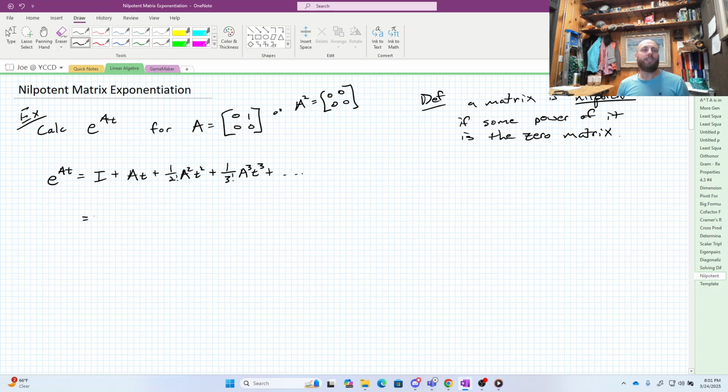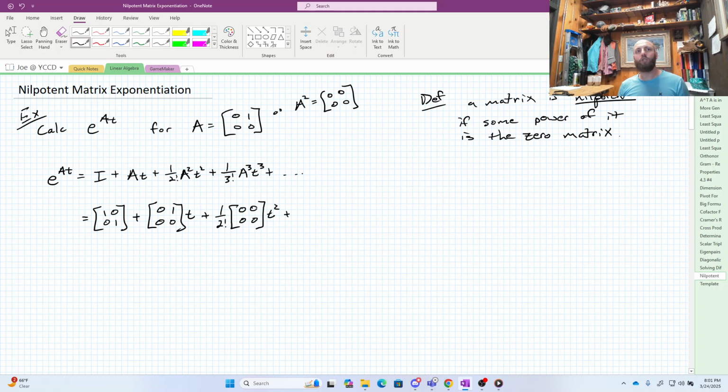In this case, I can write out the identity matrix. That looks like 1, 0, 0, 1, right? Then I can write out my A matrix, 0, 1, 0, 0. That's supposed to get multiplied by a scalar t. And then I should have 1 over 2 factorial. A squared is the zero matrix. And I should have a t squared there.